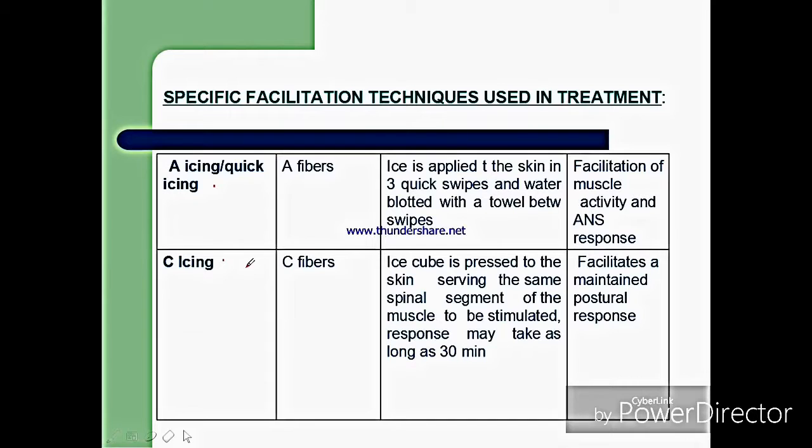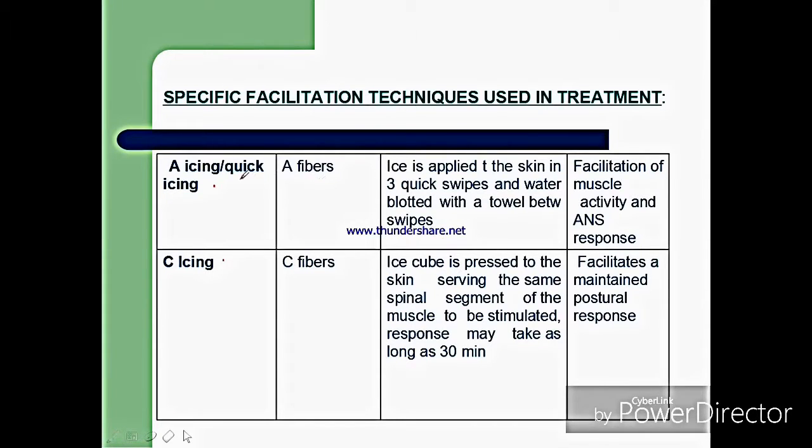First, C icing is a high threshold stimulus used to stimulate postural tonic responses via the C sensory fibers. Icing to activate the C fibers is done by holding the ice cube pressed in place for 3 to 5 seconds, then wiping away the water. Ice is a noxious stimulus.